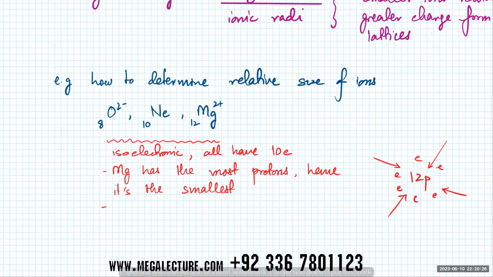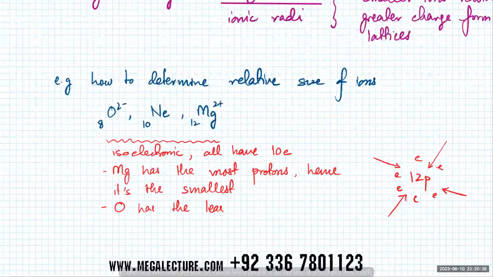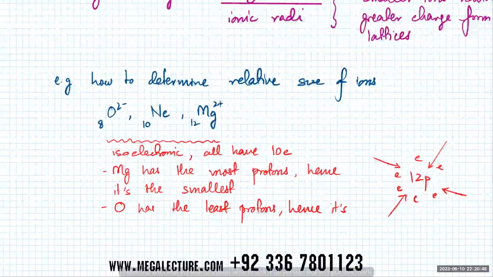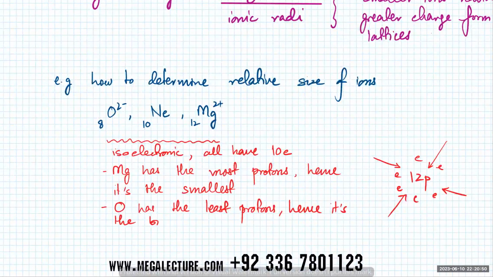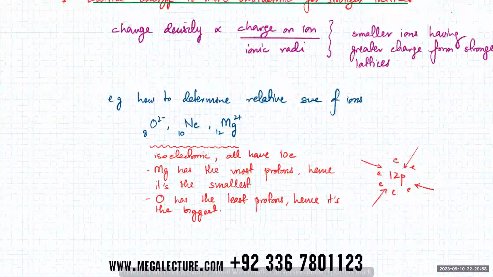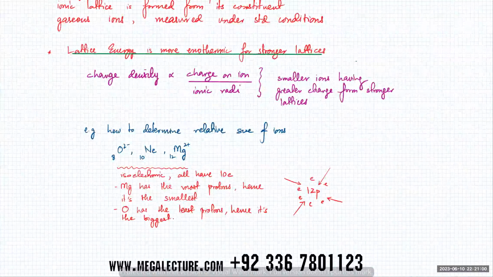It's got 10 electrons as well, but it's attracting the electrons the least, because the oxygen atom has the least protons. Hence, it's the biggest. It's going to have the least attraction. So that's how you determine the relative size of ions.